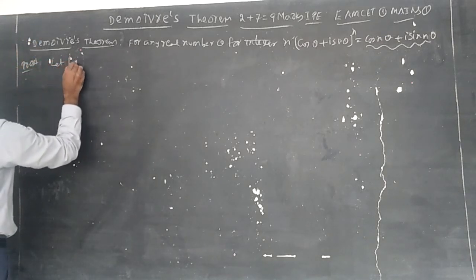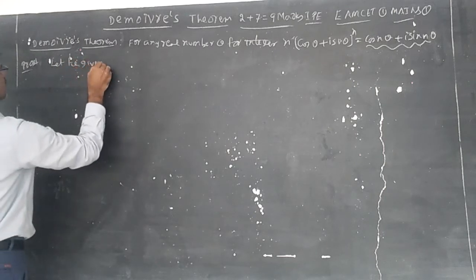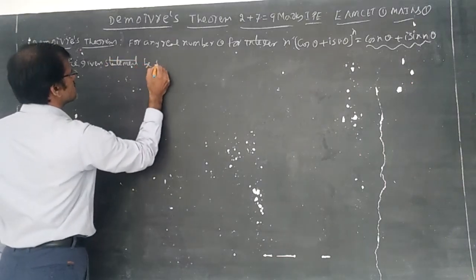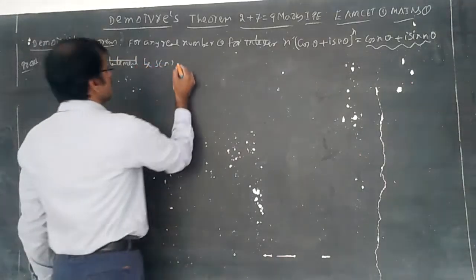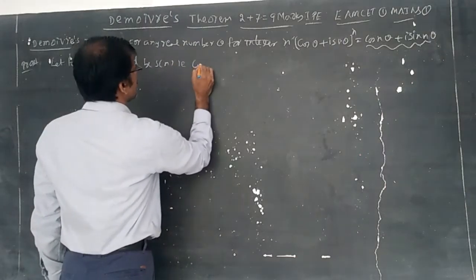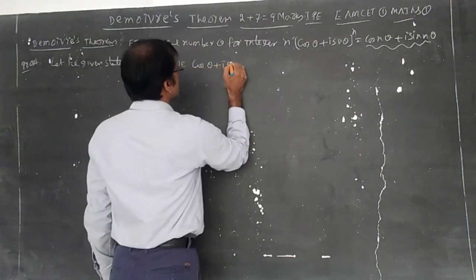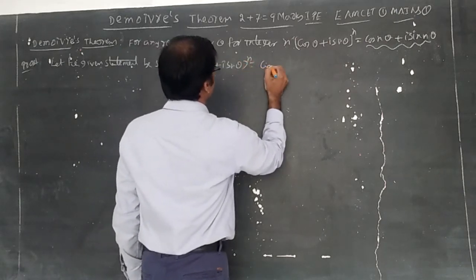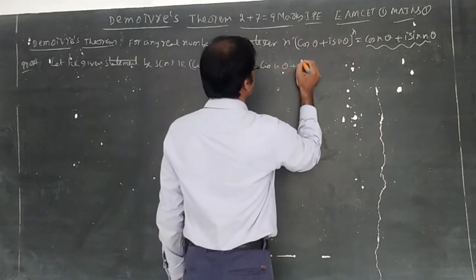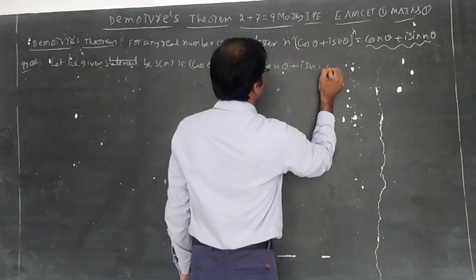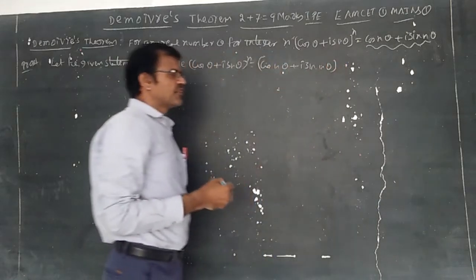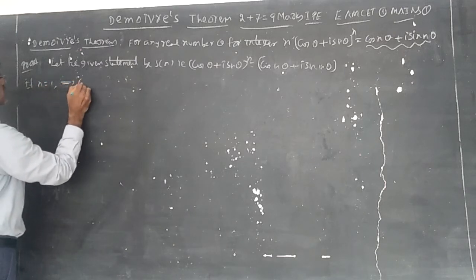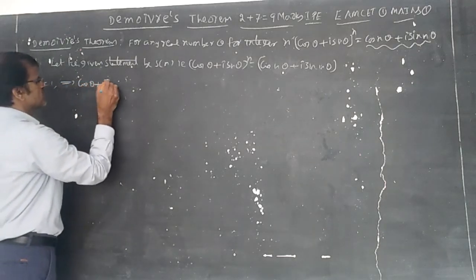Let the given statement be Sn. That is, the statement is (cos theta plus i sin theta) whole power n is equal to cos n theta plus i sin n theta. If n is equal to 1, simply substitute the value 1 instead of n.